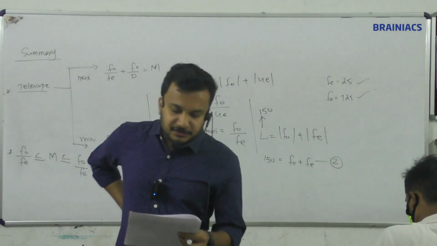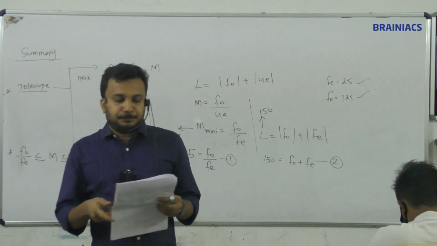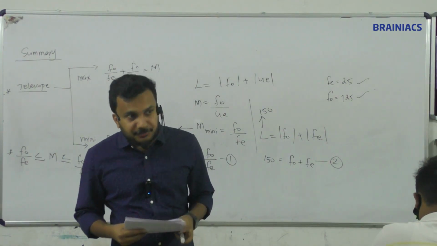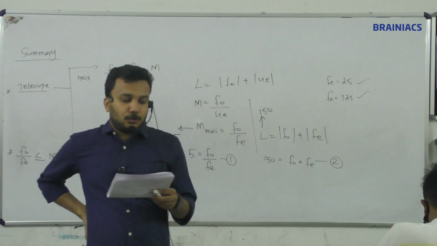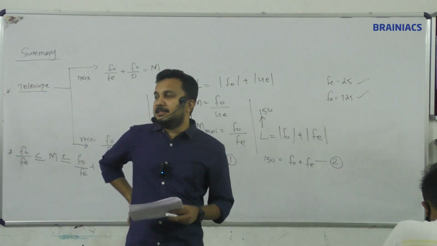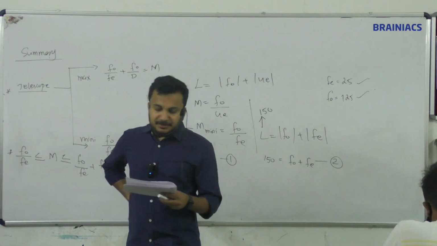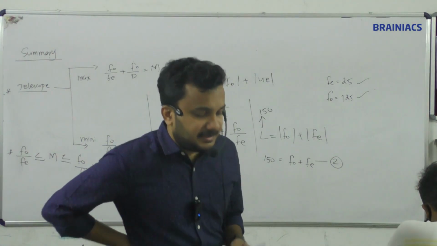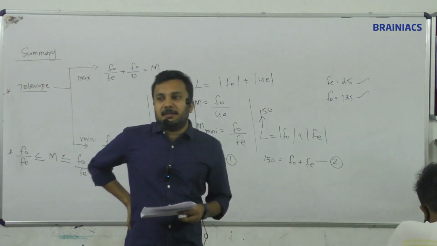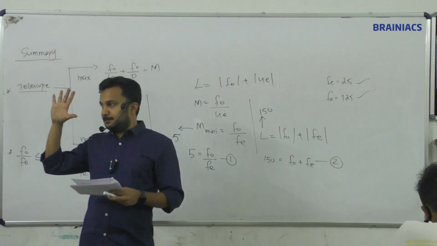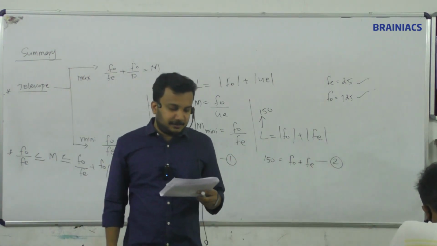The focal length of the objective lens of the refracting telescope is 100 centimeter, and that of the eyepiece is 5 centimeter.